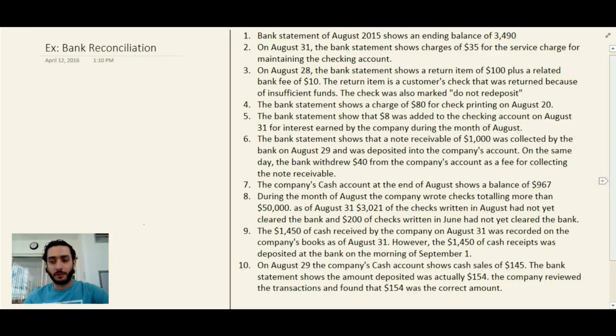Let's look at our example here, and we'll see what the most important things are. So let's start. It's saying that the bank statement of August 2015 shows an ending balance of 3,490. So we'll go to our answer sheet.